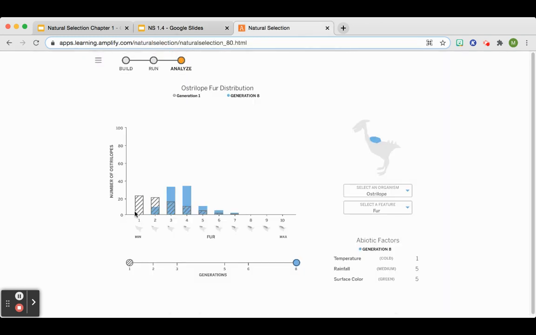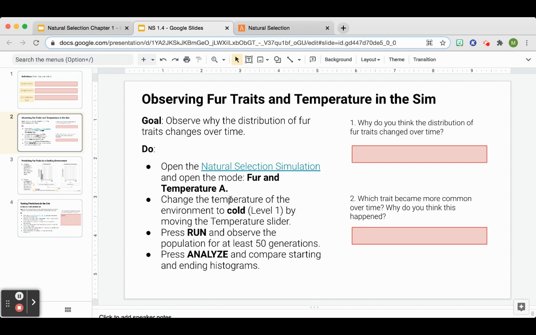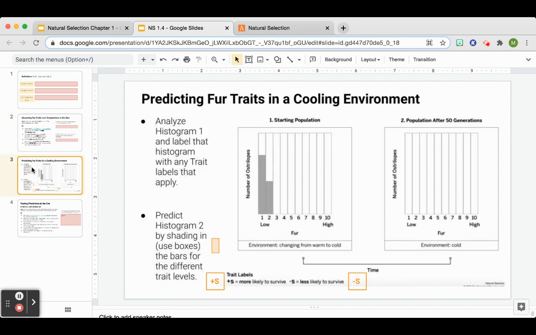So that's just here, the ones with the lines would be generation 1, and then the blue would be generation 50, and then you will compare them there. Answer these two questions.